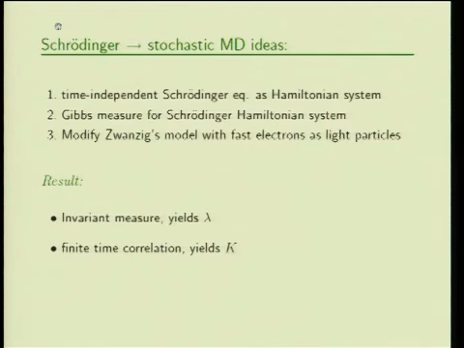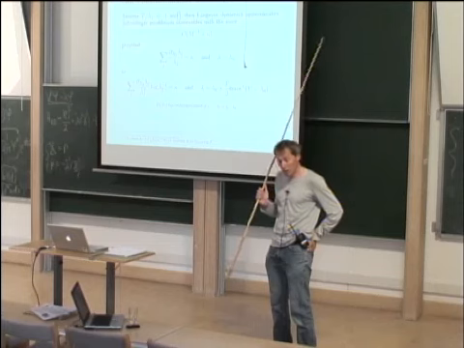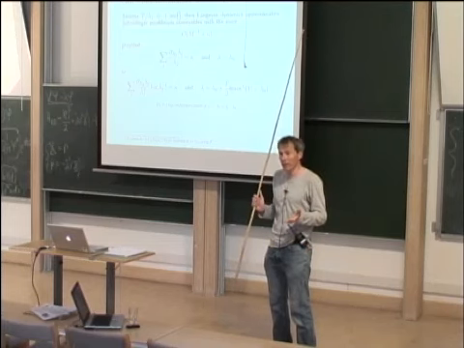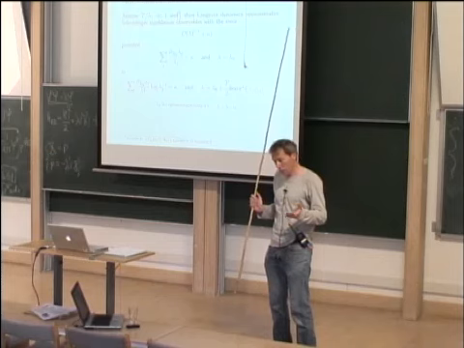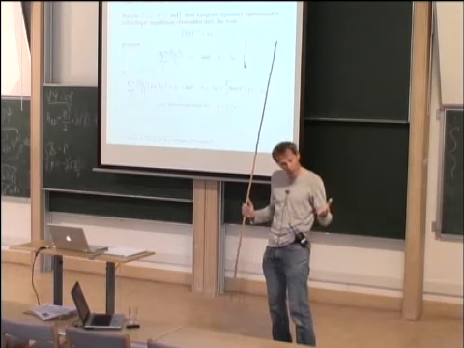Now here is again a little bit about the background. Now we have 5 minutes left. So there are two theorems, and maybe I state them now. The first theorem I said was, if you compare the Schrödinger equilibrium Gibbs state with the molecular dynamics equilibrium state, are they close?